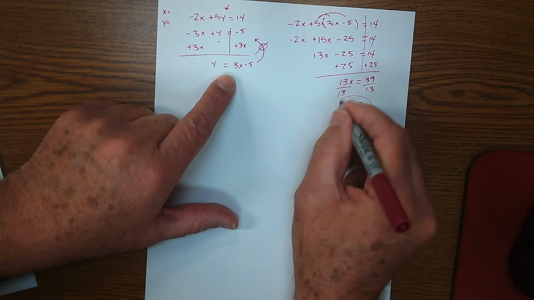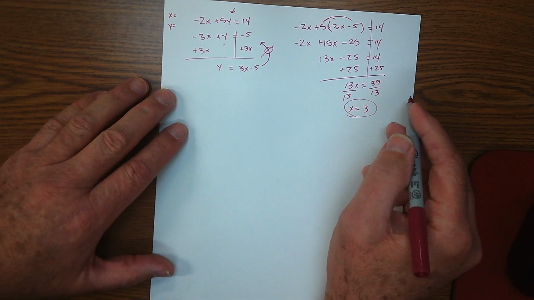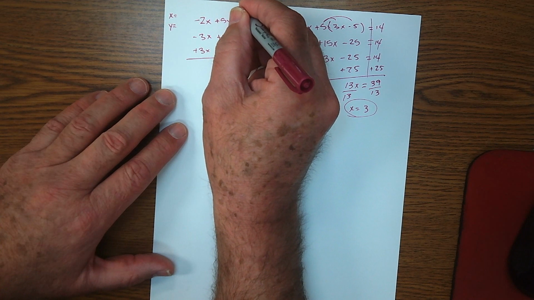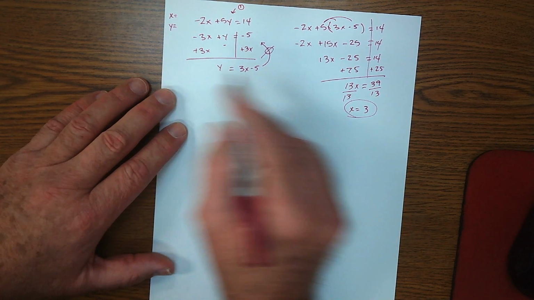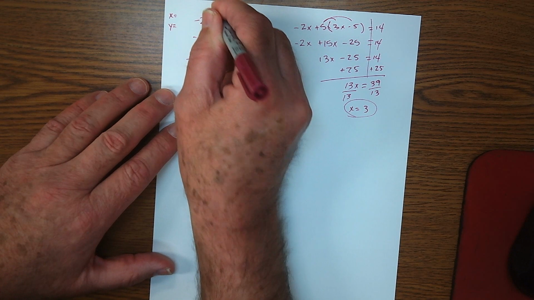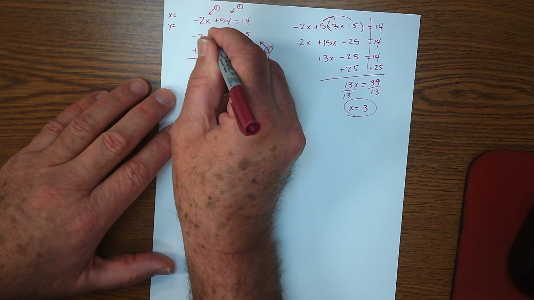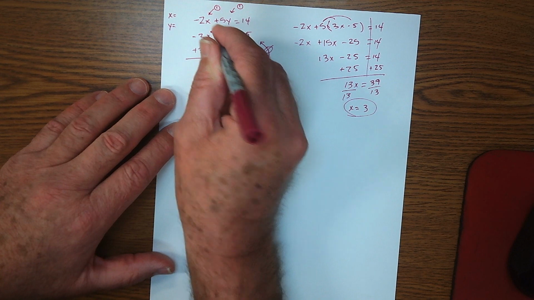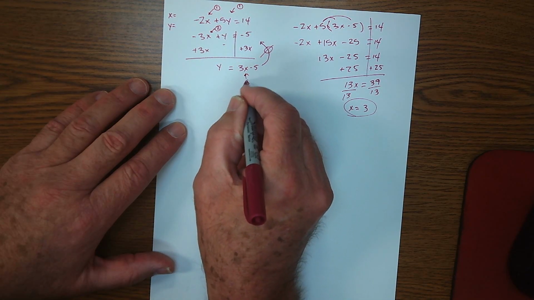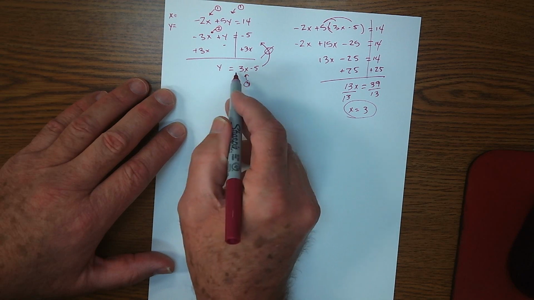Now I've got an x, so I need to go find my y. Go back to my original equations, and I have first choice. It's got to be an x. It's got to be this one here. That x, first choice. That x, second choice. Actually, that x is a third choice, and that's the easiest one because it's already solved for y.